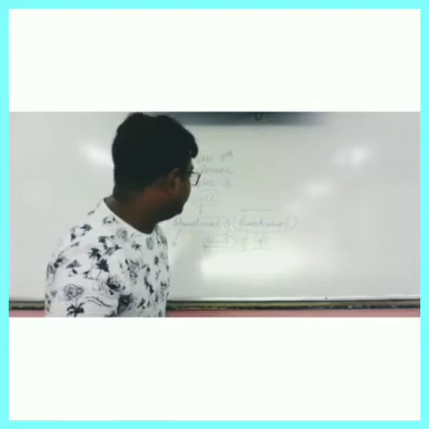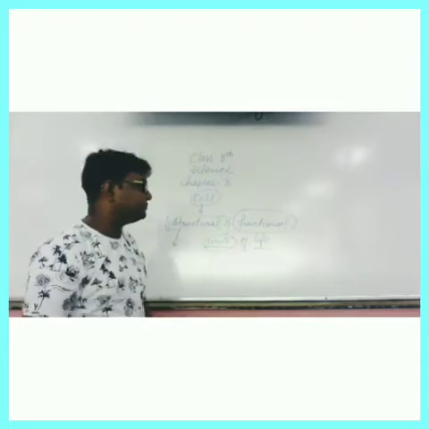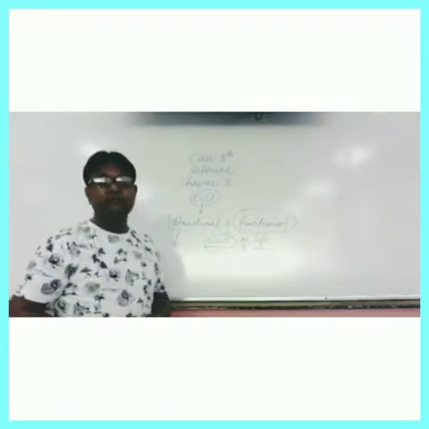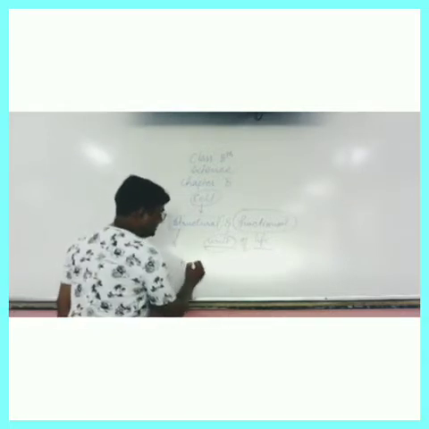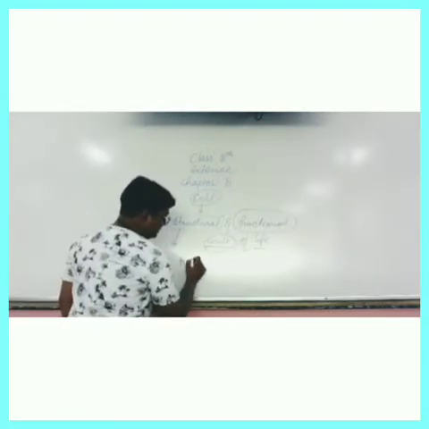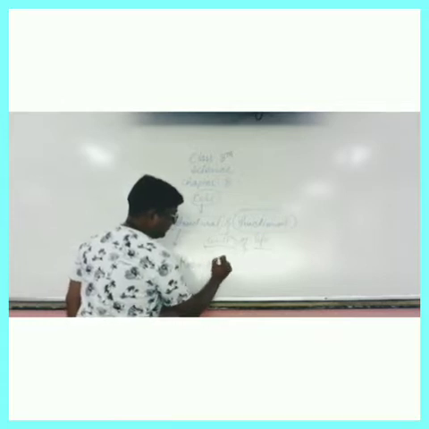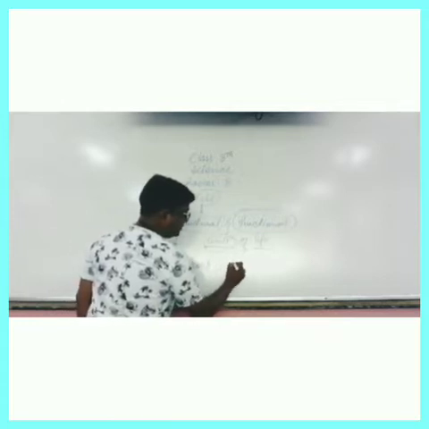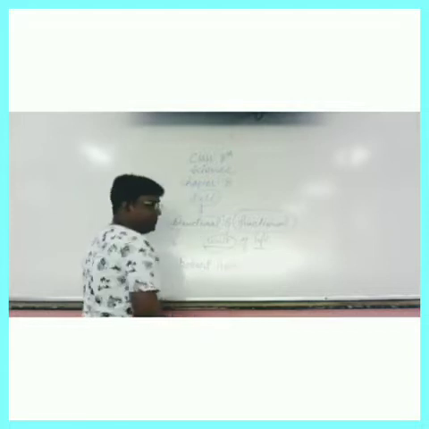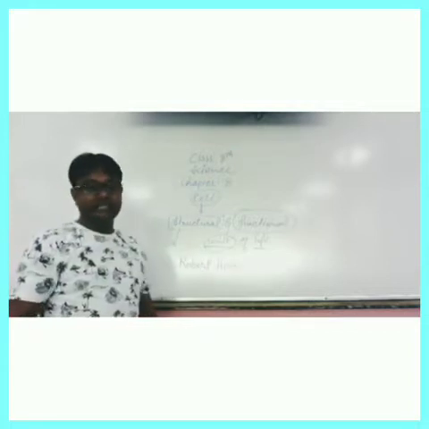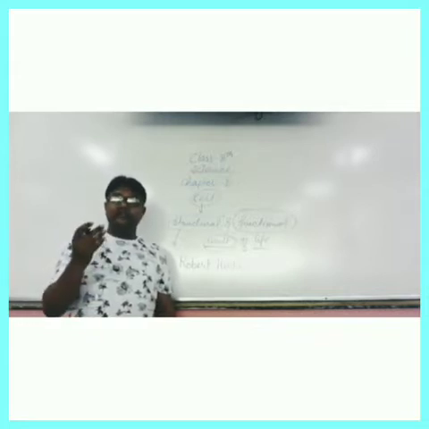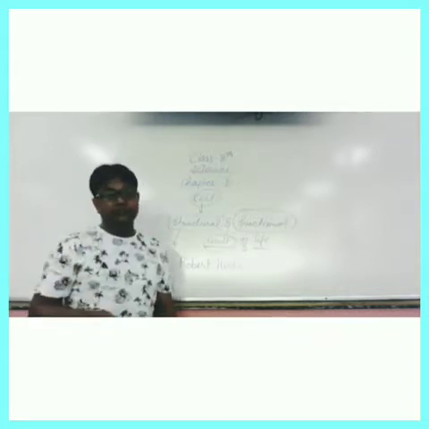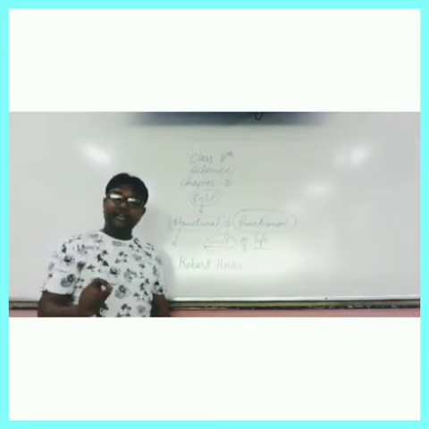So cell was discovered by Robert Hooke. Robert Hooke was a scientist who discovered the cell for the first time in the bark of the trees, the cork cell of the bark.